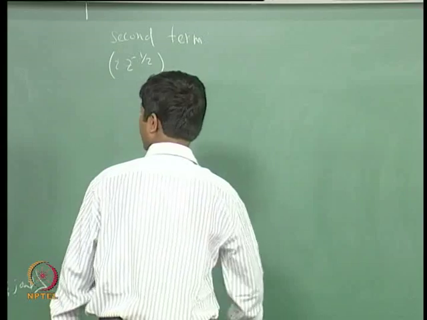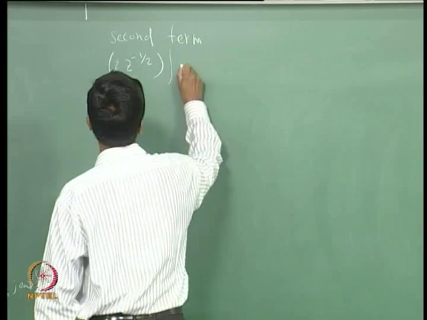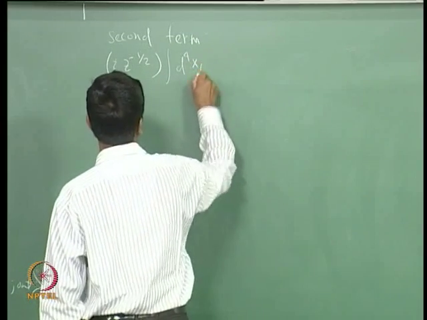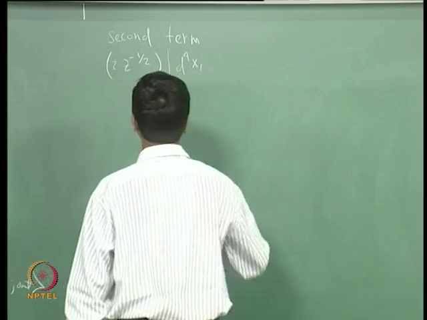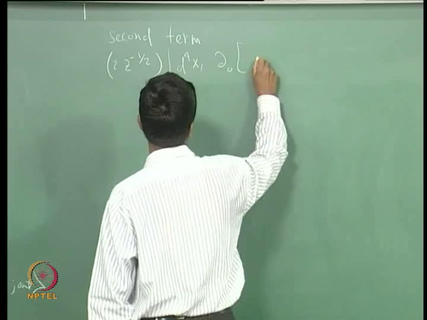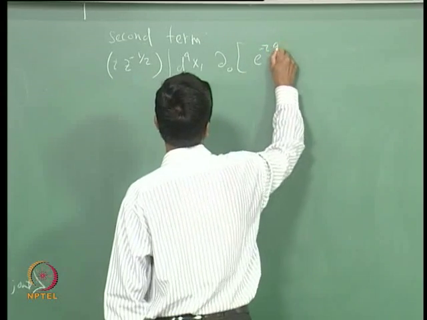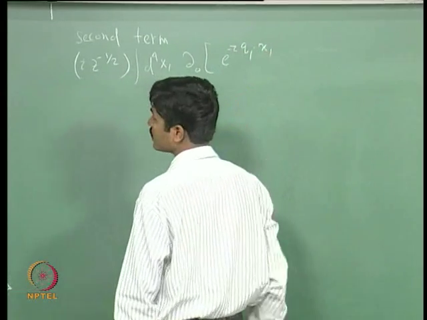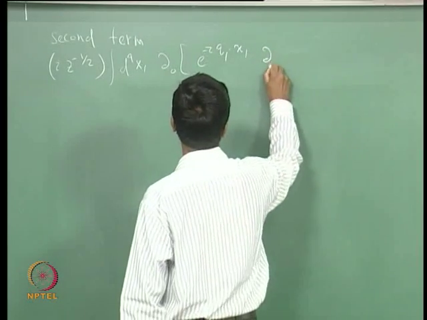Basically i Z to the power minus half, d^4x1, del_0, e to the power minus i q1 dot x1, then del_0.